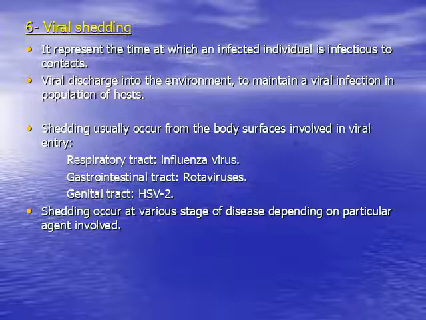Herpes simplex virus 2 enters through the genital tract, and the shedding of the virus again occurs with contaminated genital secretion. Shedding of the virus occurs at various stages of disease depending on the particular agent involved.